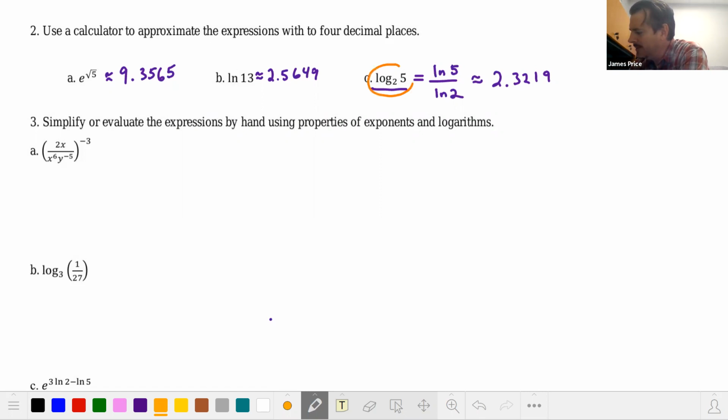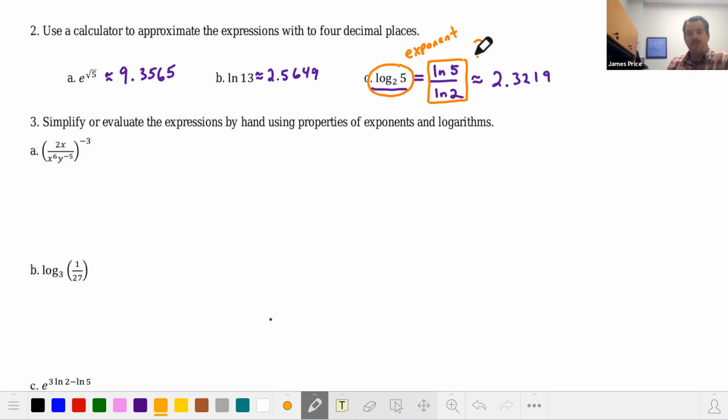Right, so that change of base formula, what you have to remember is what this number actually is. Remember, it's an exponent. It's the exponent you raise 2 to get 5. And so over here, we're going to ask ourselves what this thing is. It should be the same thing.